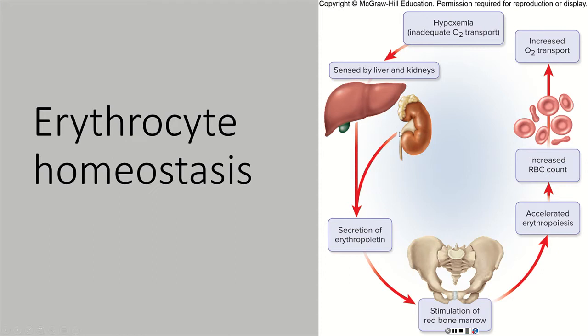And then the kidneys, or the liver, respond by releasing EPO, erythropoietin. Erythropoietin circulates in your blood until it gets to the red bone marrow. Now we're going to go through erythropoiesis, make more red blood cells, so your red blood cell count increases, your hematocrit increases. When you have more red blood cells, now we can carry more oxygen. So that's our homeostatic feedback loop.